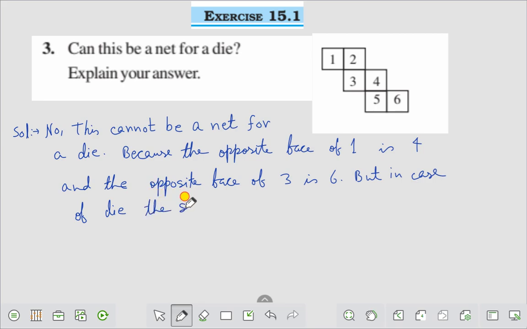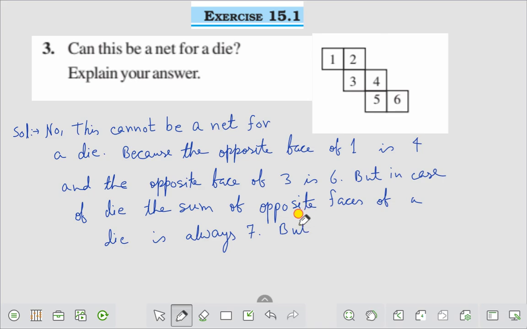The sum of opposite faces of a die is always 7, but in this net, the sum of opposite faces is not 7.